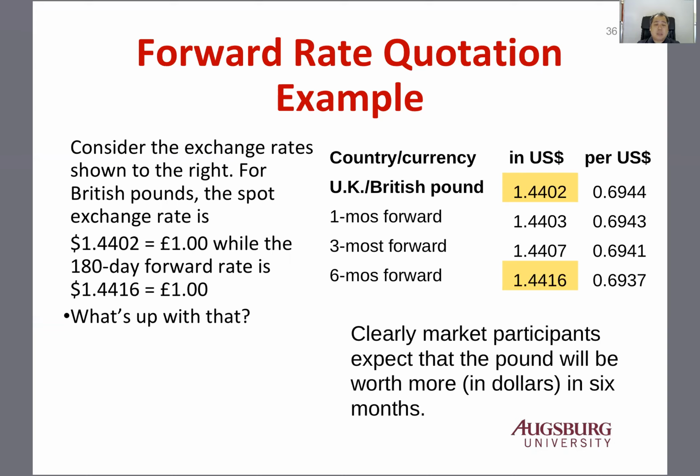This implies that market participants expect the pound to be worth more in dollars in 6 months. That's why the forward rate is 1.4416.